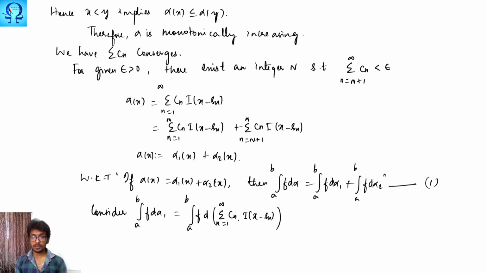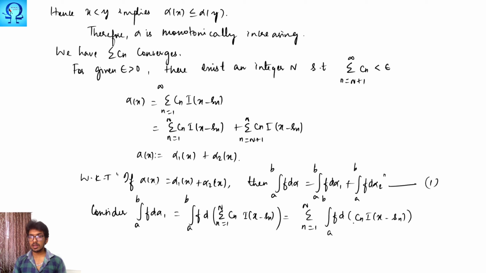Each of your alpha 1 is a sum of a finite number of terms, and only for a finite number of terms can we split things out. Hence we are going to do so, which means we are going to have the summation n runs from 1 to N of the integral a to b f d of Cn I of x minus Sn.